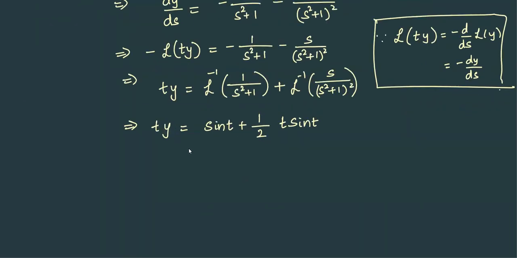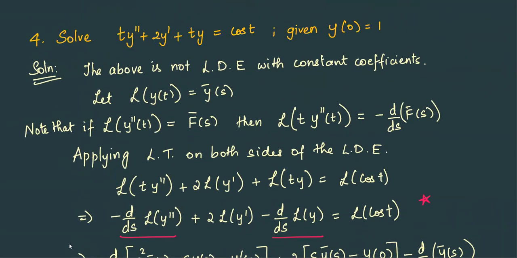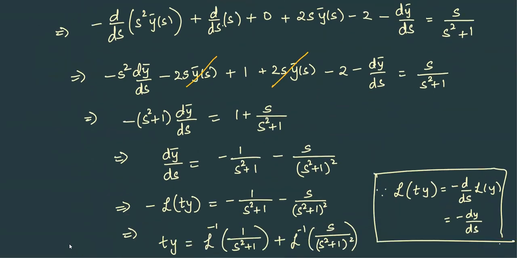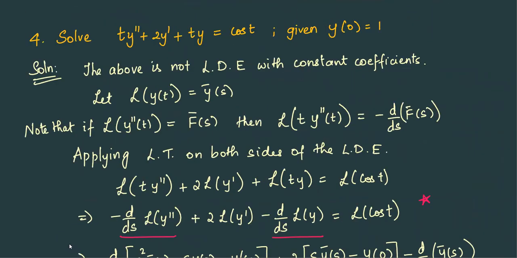Okay, so let us now divide by t. So y of t we get as sine t upon t plus half sine t. This is the function. This would have been very difficult to solve by the other method.